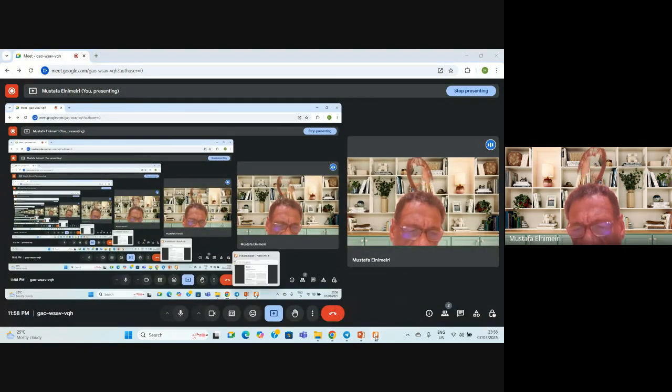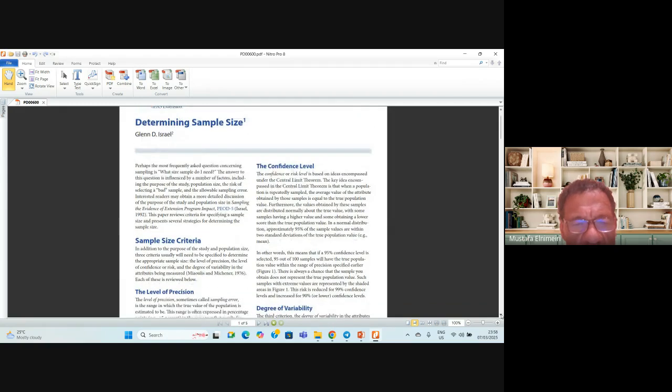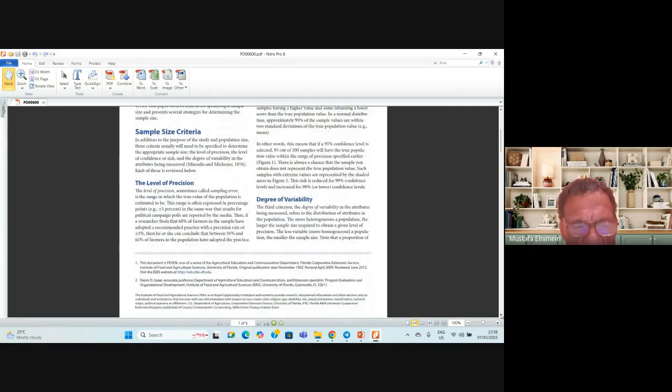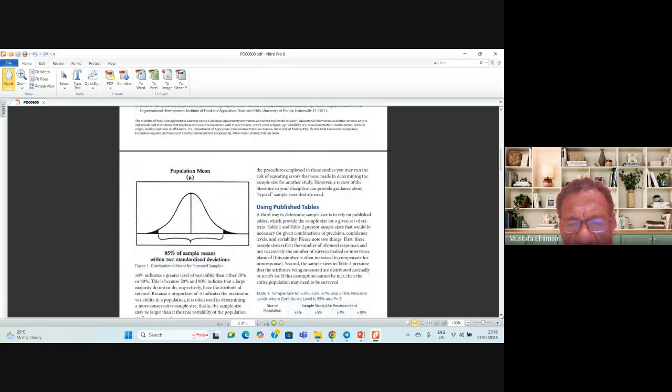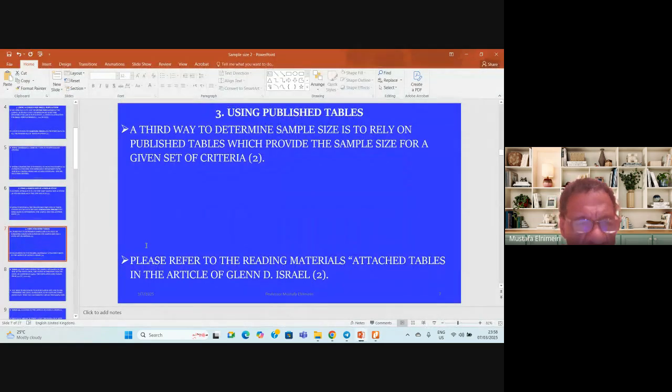And this is very interesting, and you can see it here. I think this is an important source that we need to use and to cite, as you can see from the website here. You have here two tables which are so important. We are going to talk about how to use them.